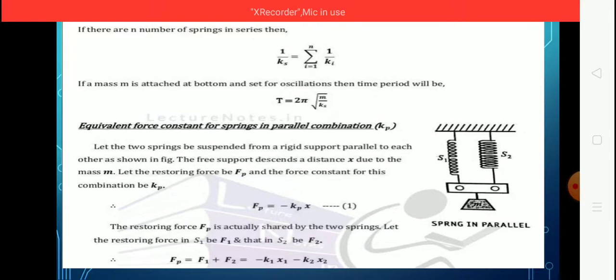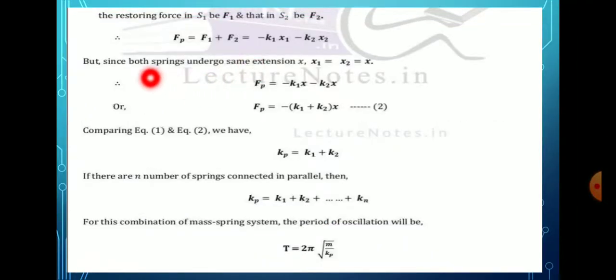Similar to the series combination, we do the same in the parallel combination. In series the springs are connected end to end, but here springs are connected in parallel, so F1 is equal to minus k1 x1 and F2 is equal to minus k2 x2. Both springs undergo the same extension, x1 is equal to x2 is equal to x, so that Fp is equal to minus k1 x minus k2 x. Fp is equal to minus (k1 plus k2) into x.